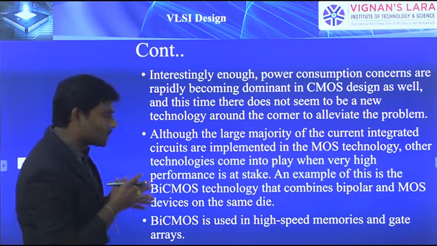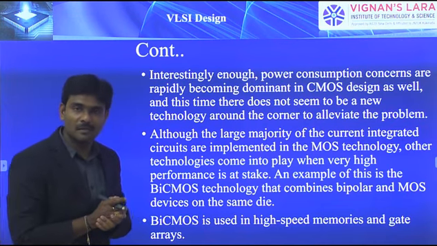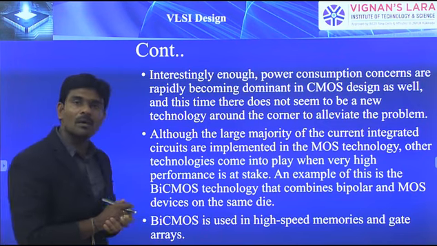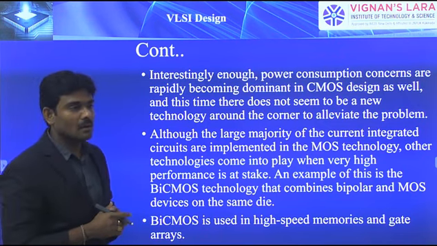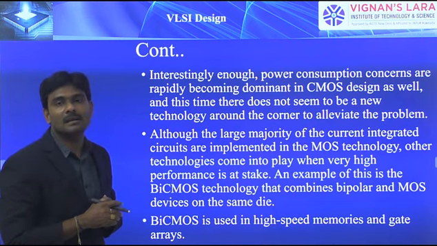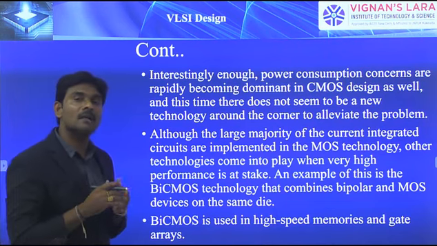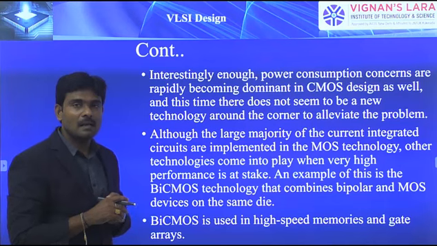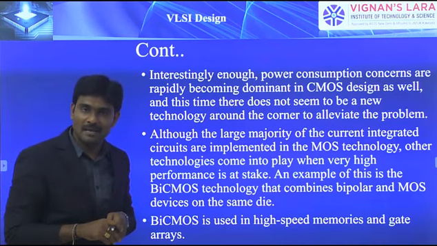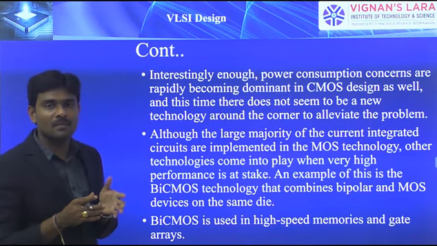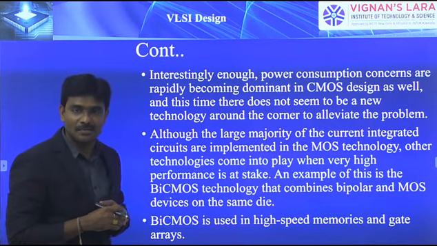Then how are we going to combine? If you want to realize a circuit using both bipolar and CMOS, at the input side, the requirement any particular circuit needs to have is high input impedance. That capability is there for CMOS. So for the input side, we can realize with CMOS.